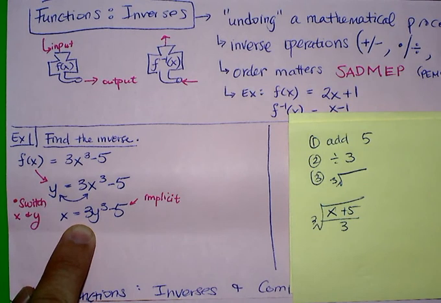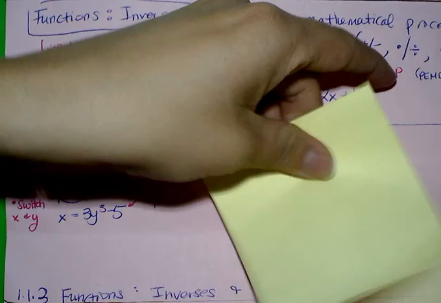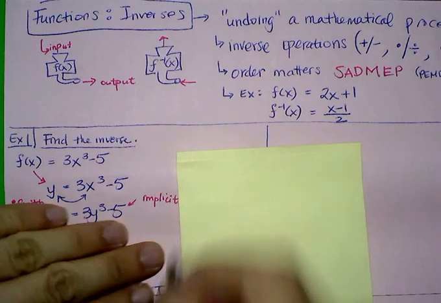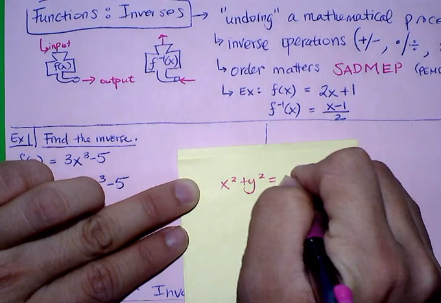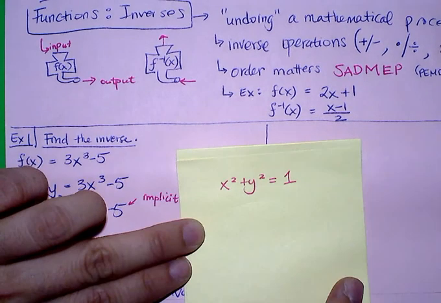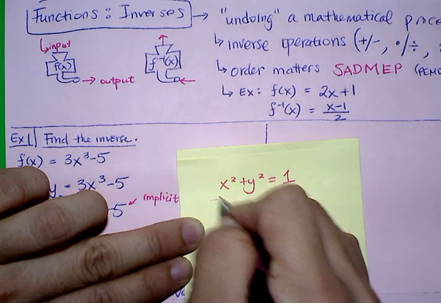So implicitly, this is our inverse function. But explicitly is when you spell it out, where you basically get y by itself, with all the x's on one side and the y's on the other. For example, the equation of a circle, x squared plus y squared equals 1, is an implicit equation for a circle. But if I want to get y by itself, I subtract x squared on both sides.